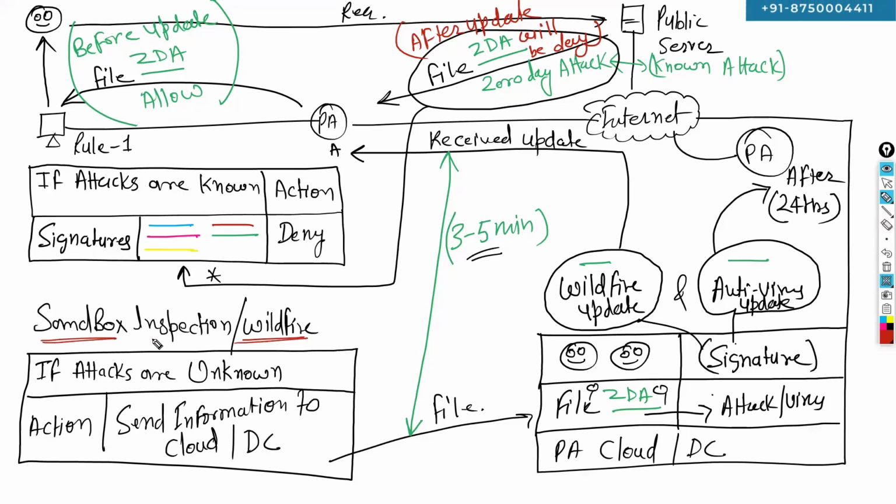So what is WildFire? WildFire is actually sandbox inspection. In WildFire or sandbox inspection, we configure the Palo Alto Firewall in such a way that if the attack is unknown to you, you send the information to the cloud so they can analyze it and mark it as an attack, so that they can generate signatures, and those signatures will be delivered back to you.